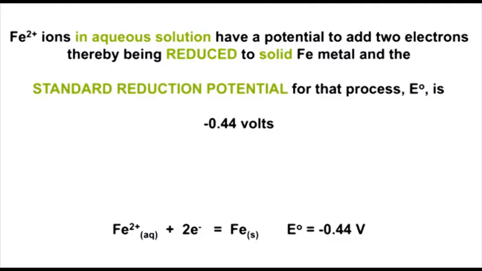In other words, it's a number that we can use to say just how easy it is to take electrons away from something, such as magnesium or copper, or how easy it is to give those electrons back. That number, electrode potential, is a very important number in electrochemistry because it tells us something about the thermodynamics of the chemical processes involved. That means it tells us about which processes prefer to happen and which don't prefer to happen.